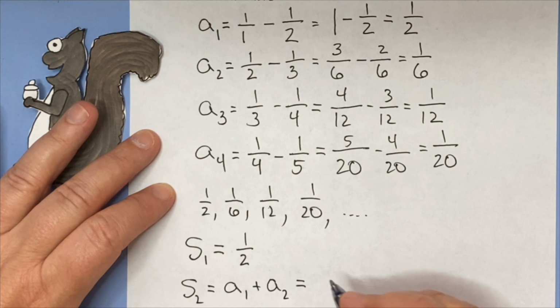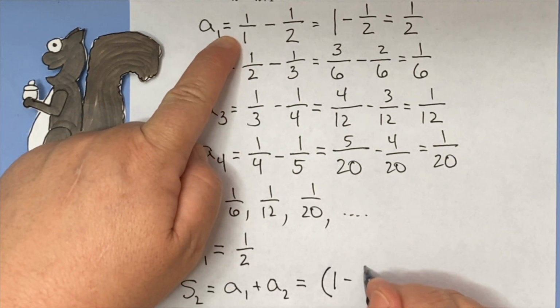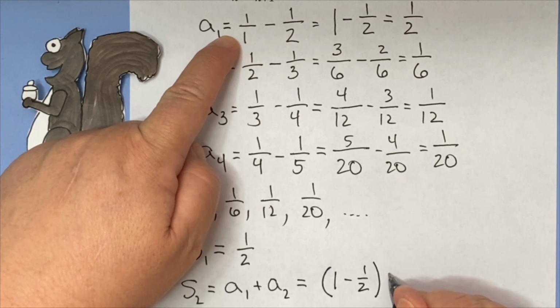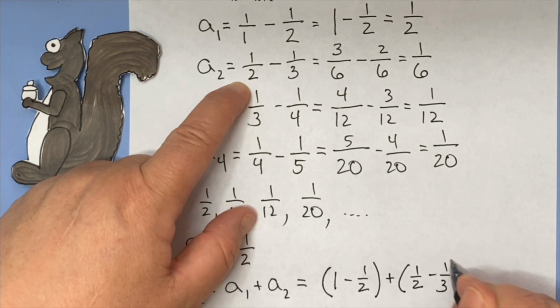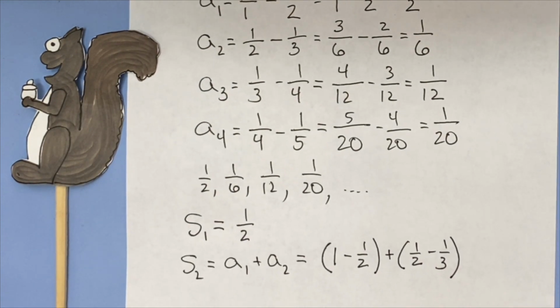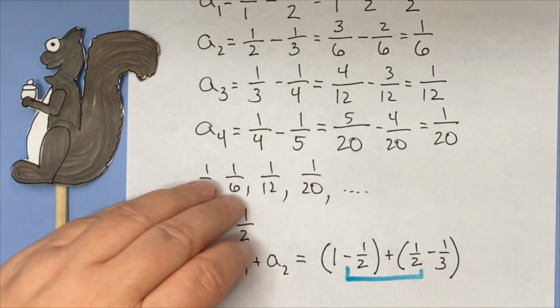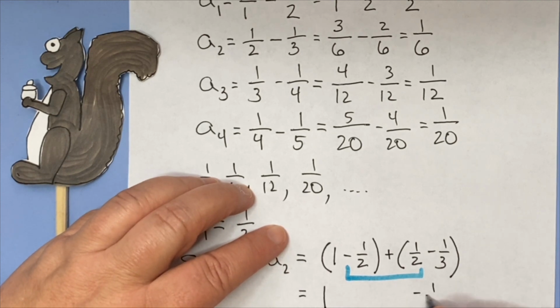I'm going to say it's equal to 1 minus 1/2 plus 1/2 minus 1/3. Okay. So why is that exciting? Well, minus 1/2 plus 1/2 would cancel each other out. So all I would get would be 1 minus 1/3. That just gives me 2/3.